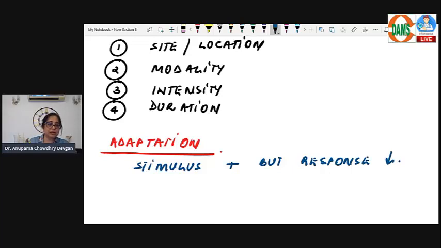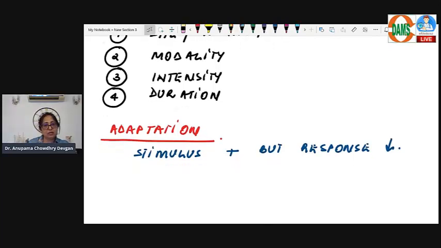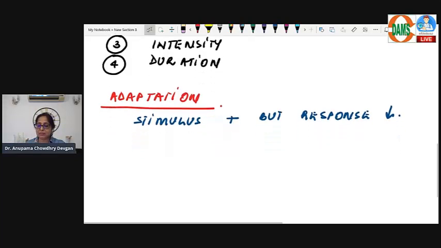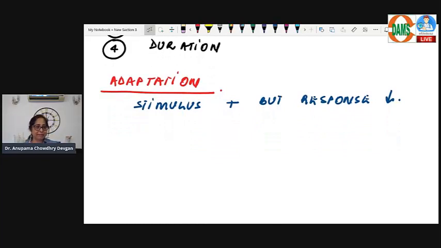That is known as adaptation. The stimulus is present, but the response reduces over a period of time.